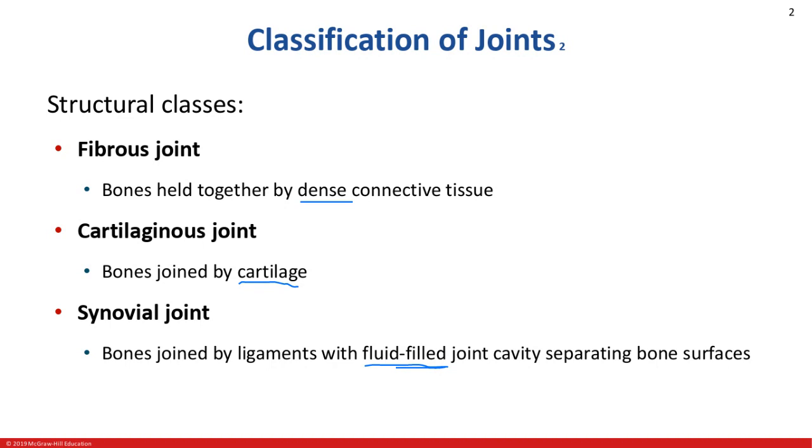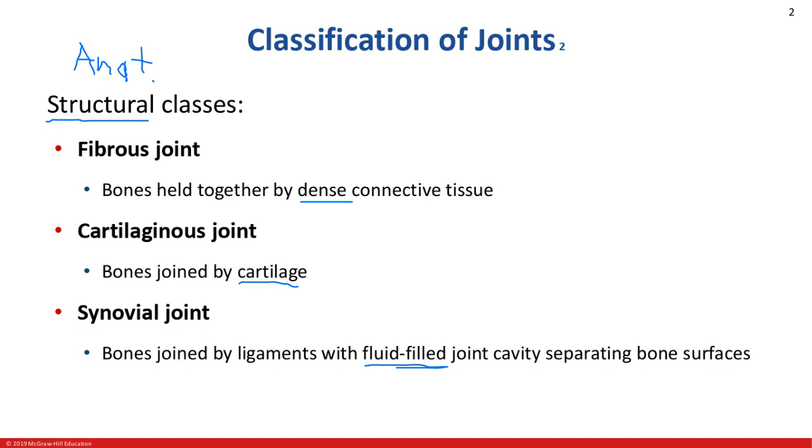Most of the joints in our body are synovial, but we're going to talk about all the different types. So here, in the first part of the classification of joints, we talked about the anatomy, and these are the three classes: fibrous, cartilaginous, and synovial.